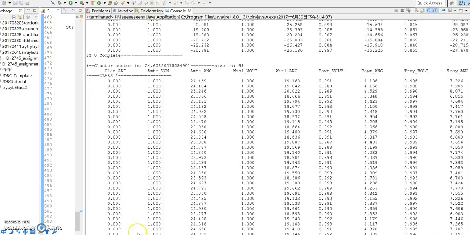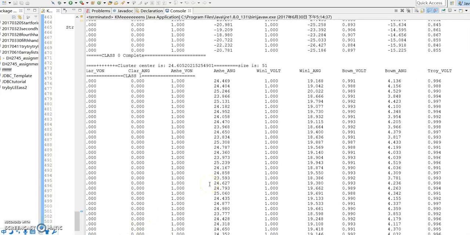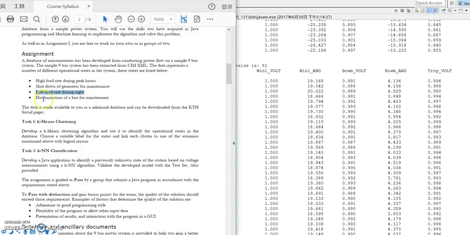So our generation bar is providing reactive power to the grid system. Under this condition, we think that class 1 corresponds to the case of high load rate during peak hours.